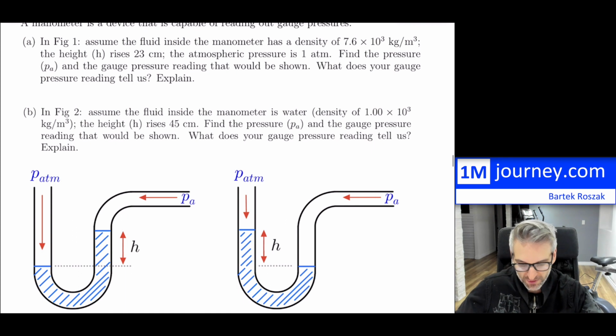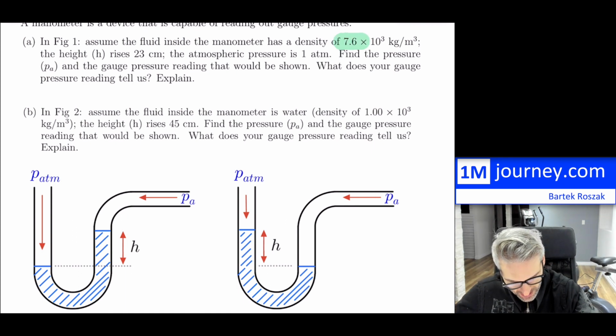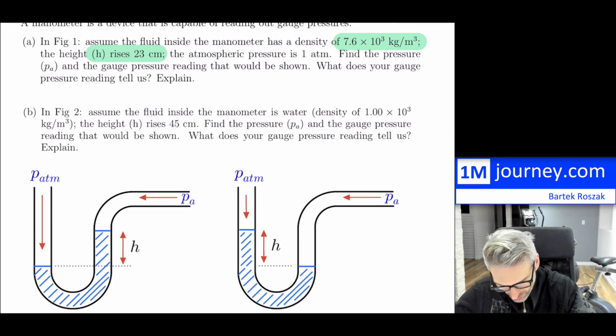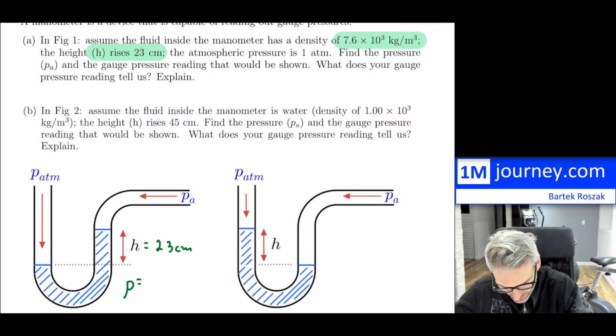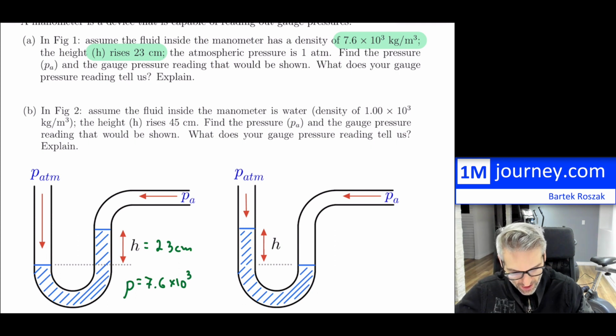So assume the fluid inside the manometer has a density. They give us a particular density, right? Within here, the height rises. So notice that the h rises 23 centimeters in here. You know what? I'm going to just write it in: 23 centimeters. And then here's my density, which is 7.6 times 10 to the 3 kilograms per meter cubed.